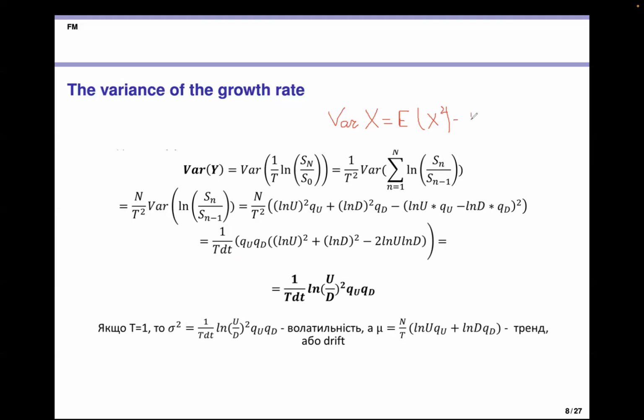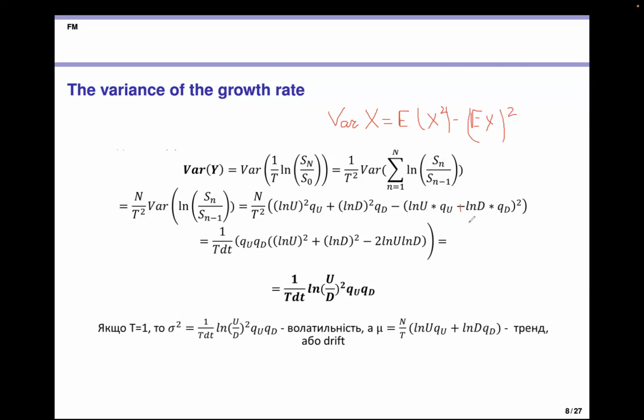Minus the squared mathematical expectation. So the mathematical expectation of x squared is, like in the previous slide, ln u squared multiplied by qu, and minus the mathematical expectation of x from the previous slide, ln u qu plus ln d qd, in the square.